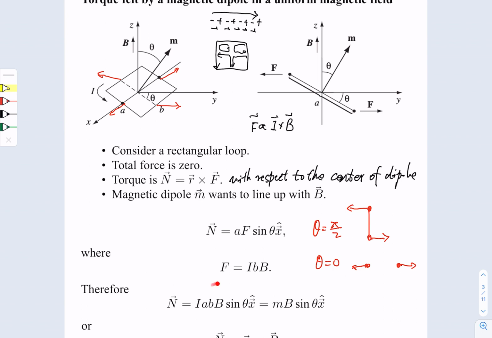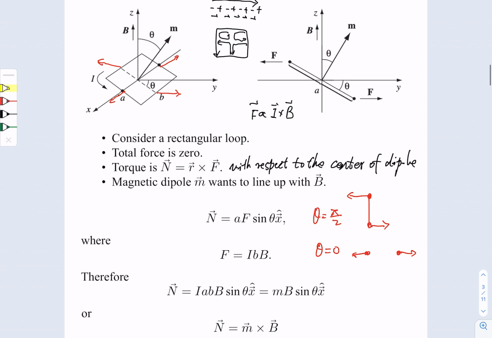And for the force, it's simply the I cross B formula, except that you need to integrate along this line, and here B is the length of this direction. So here this length is B. Then if you combine these two formulas, you can get the total torque.